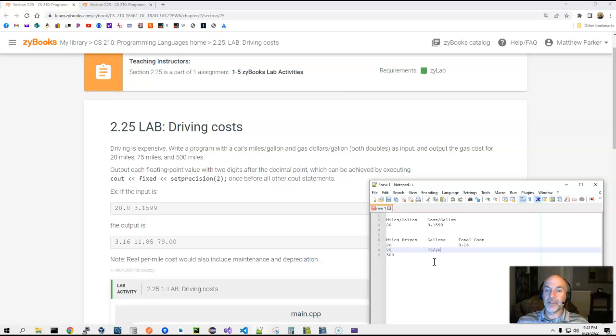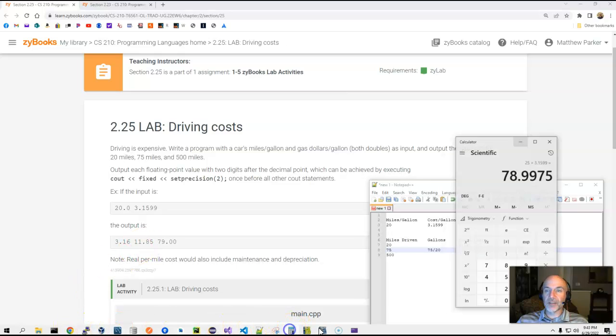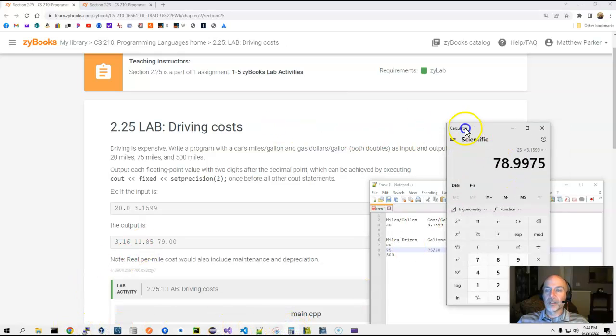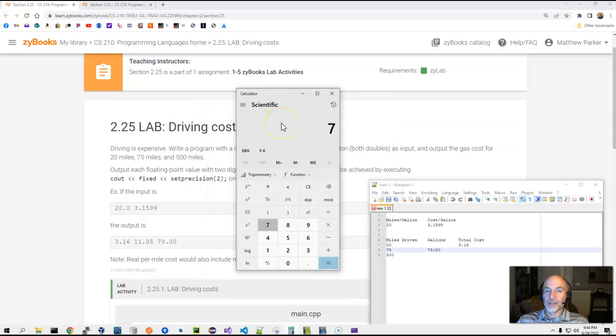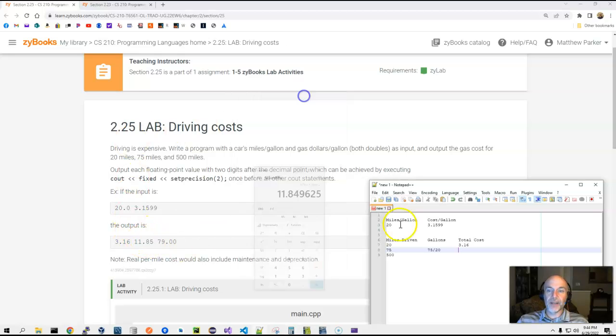In this case, that's 75 by 20, which is 3.75 gallons, times our cost of $3.15.99. And so we get the 11.85 just like they have there. So keep in mind, that's probably a helper variable that you want to use right there.